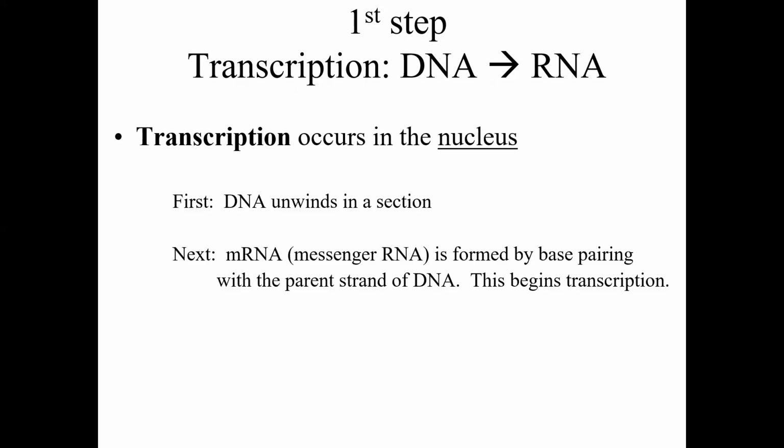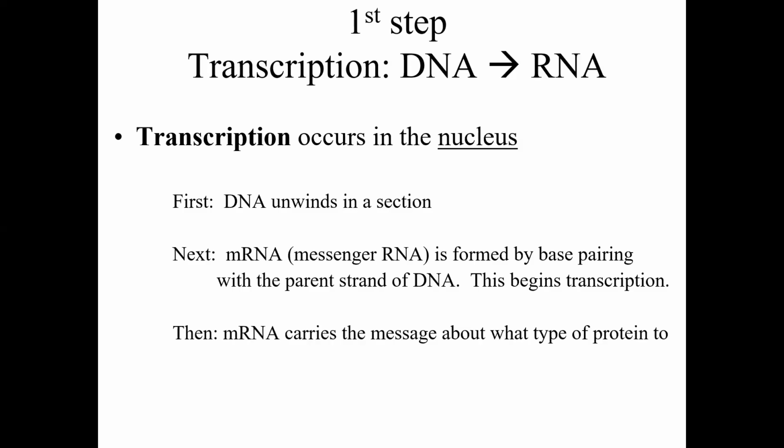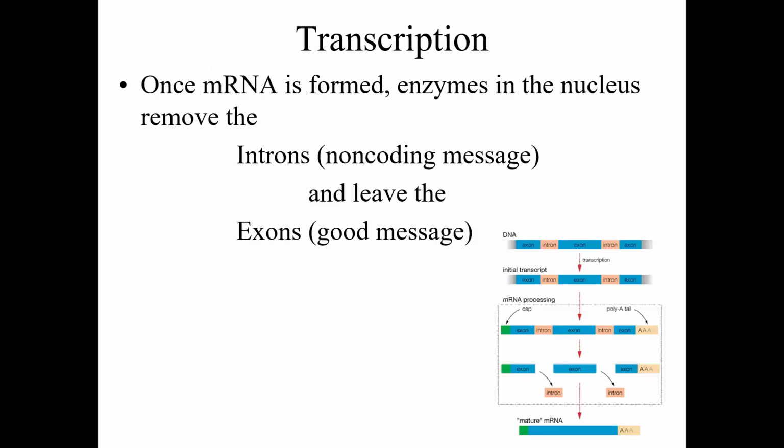Now, the parent strand of DNA begins the transcription. Then messenger RNA carries the message about what type of protein is to be produced from the DNA in the nucleus to the ribosomes. We have known the function of ribosomes as organelles.